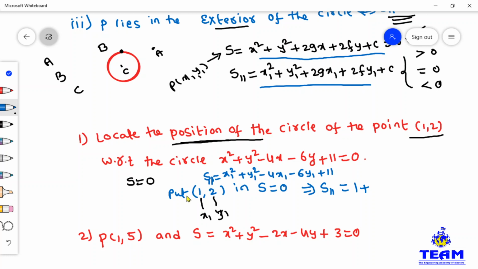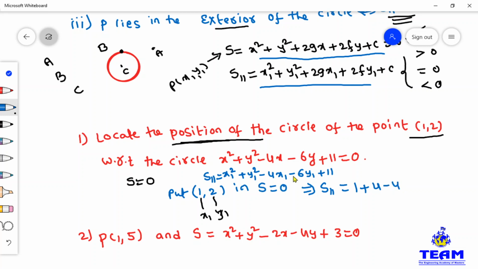One moment please, I'll write clearly. S11 is this one. Now you put x1 is equal to 1 and y1 is equal to 2, then you will get the S11 value. x1 is 1 here, then 1 square means 1, plus 2 square, 2 square is 4, minus 4 into x1, which is 1, so minus 4.